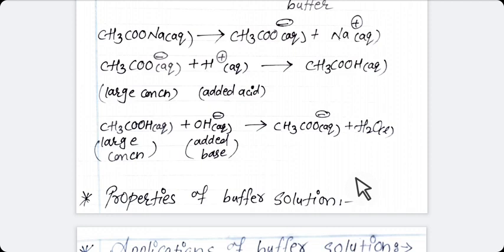Then we are adding base, so OH minus ion reacts with acetic acid and produces acetate ion and water. So there is no change in the H plus or OH minus ion concentration. That's why pH of the buffer remains unchanged.